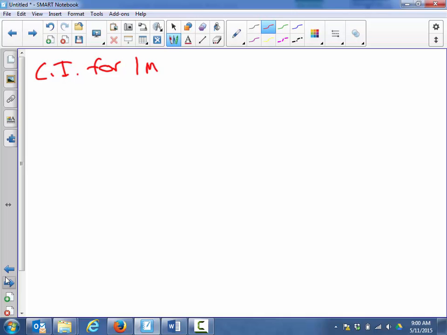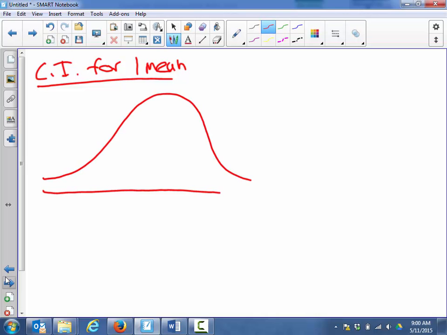Okay, moving on here, we've got a confidence interval for one mean, CI for one mean. Because you're working with sample data for a confidence interval for a single mean, the expected value of x bar is just your sample mean, whatever that may be, and you're not talking about a normal bell curve.